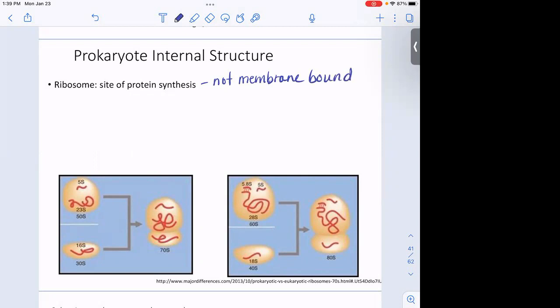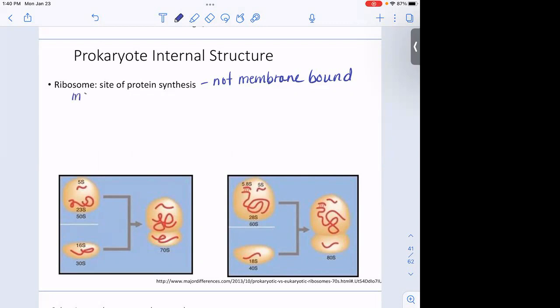I was researching this because it wasn't really making sense to me. Technically, ribosomes are called organelles, and organelles are defined as membrane-bound structures, but ribosomes don't have a membrane. So sometimes definitions don't totally make sense. You can call them an organelle if you want, but they don't have a membrane around them.